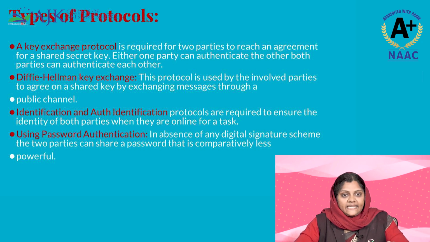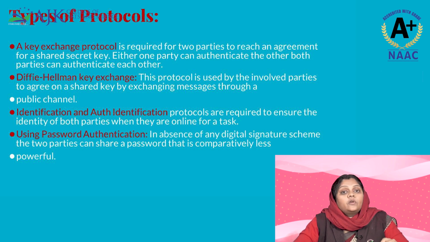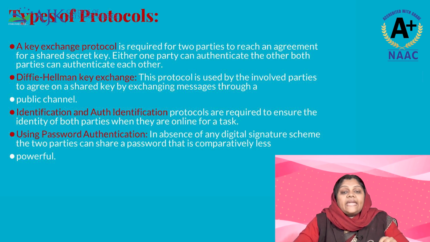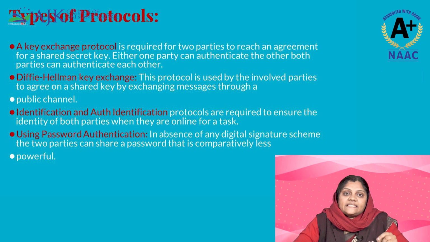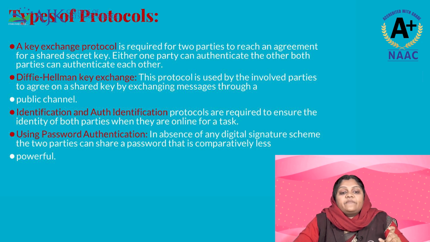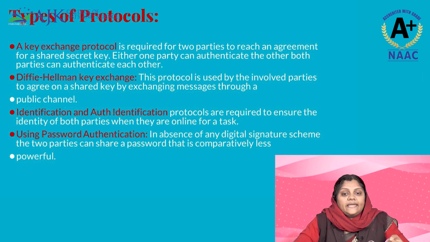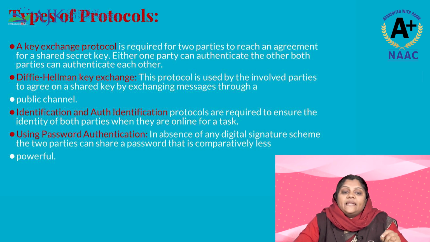A key exchange protocol is required for 2 parties to reach an agreement on a shared security key. Either one party can authenticate the other, or both parties can authenticate each other. The second one, Diffie-Hellman key exchange, is the protocol used by the involved parties to agree on a shared key by exchanging messages through a public channel.